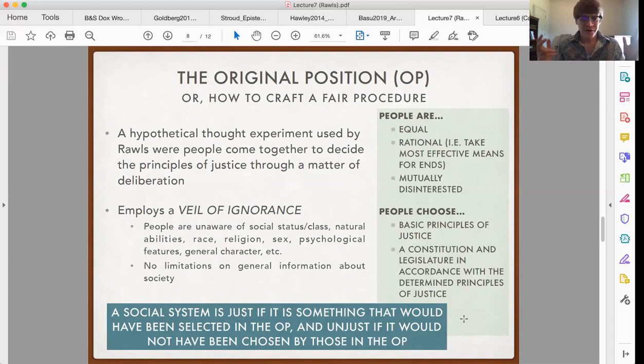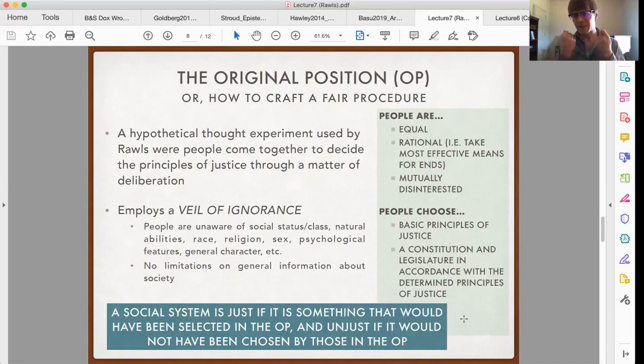Okay, so the idea is something like this. We're trying to figure out, well, what's justice? We need some principles of justice that are going to guide our society. For example, let's suppose that we don't have a constitution and we're trying to write one, and it's everybody that exists in a certain society, and we need to figure out what we're going to put in our constitution.